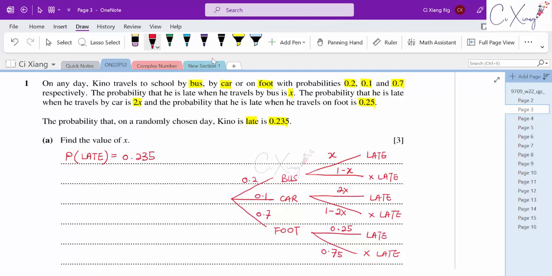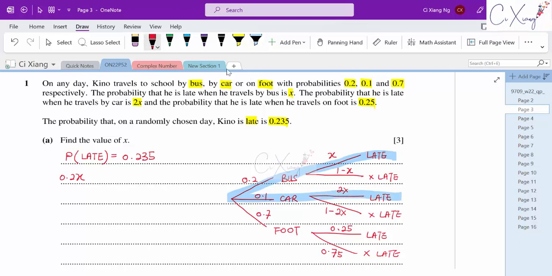according to this tree diagram, I want to calculate all the possible cases where he is late. The first case is by bus and he is late, so the value is 0.2 multiplied by x. This is the first pathway. Another case is when he travels by car and is also late.